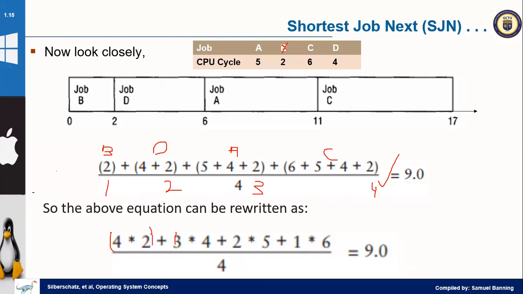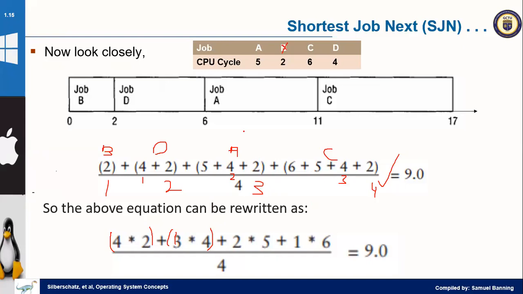Now, similarly, the time for the second job appeared 3 times. What is the second job? 4. This is 1, 2, and 3. So you have 3 by 4. Then the time for the third job appeared twice.